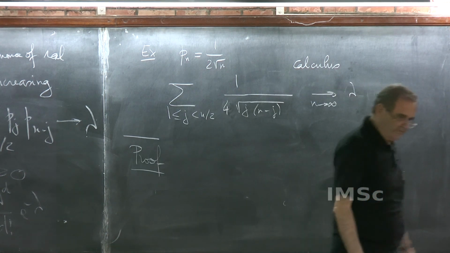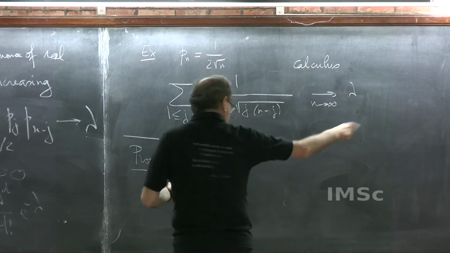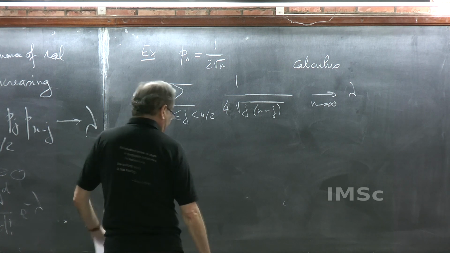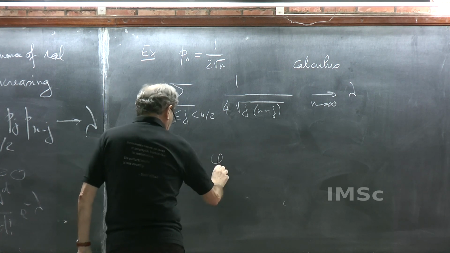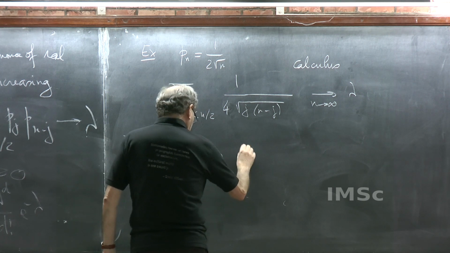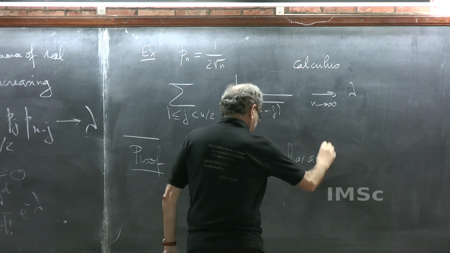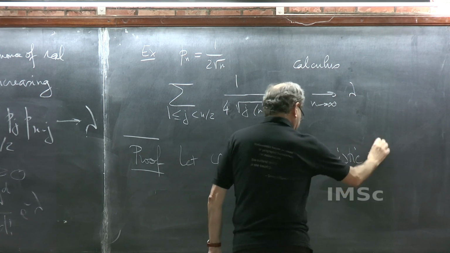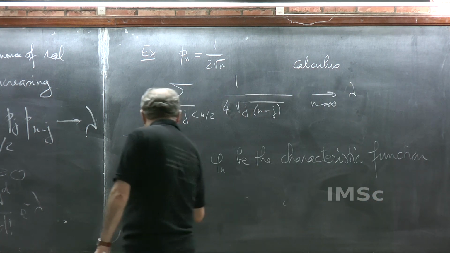Good, let us do it. I know what Rn is, and I want to see what the characteristic function of Rn is. So let psi n be the characteristic function of Rn.